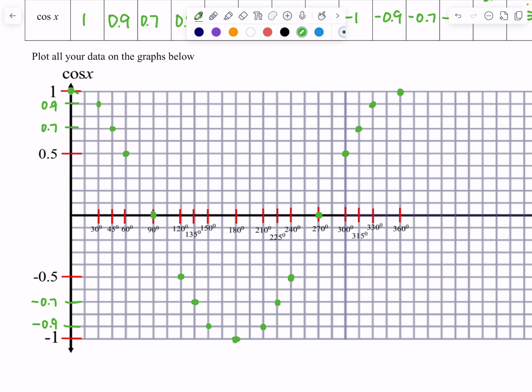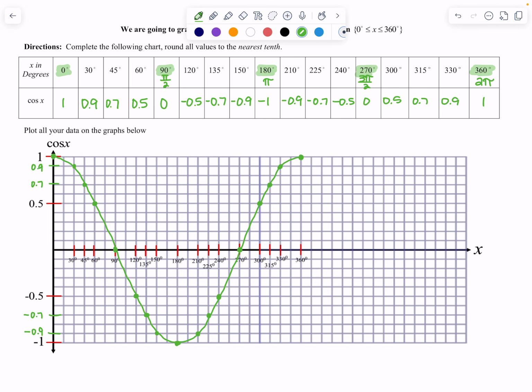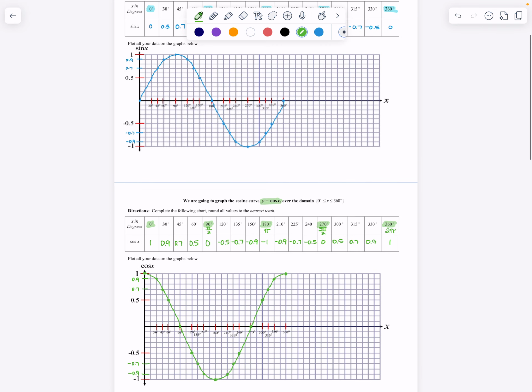And again, we're going to make this a smooth curve. And you'll see the overall shape of what a cosine curve looks like. All right, so both sine and cosine are these nice wave-like shapes.